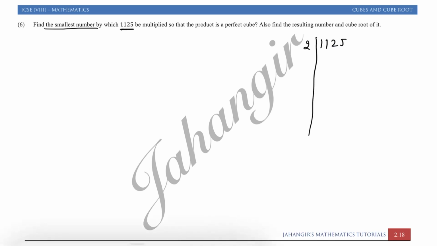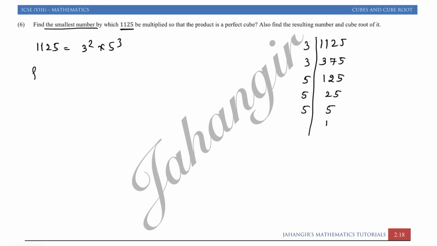We can start with 5, or we can start with 3 also. 3 threes are 9, 3 sevens are 21, 3 fives are 15, 375, 125, 5 25s are 125, 5 fives are 25, 5 ones are 5. So we can write 1125 is equal to 3 square into 5 cube.